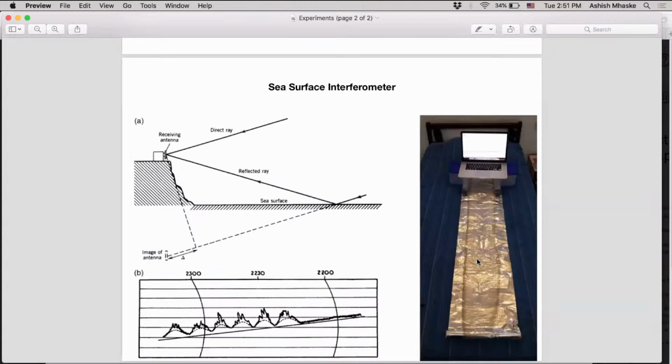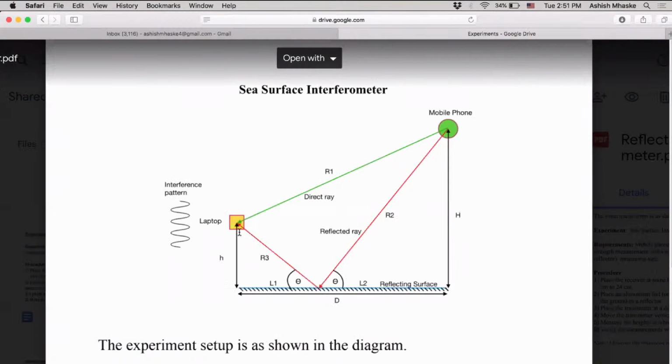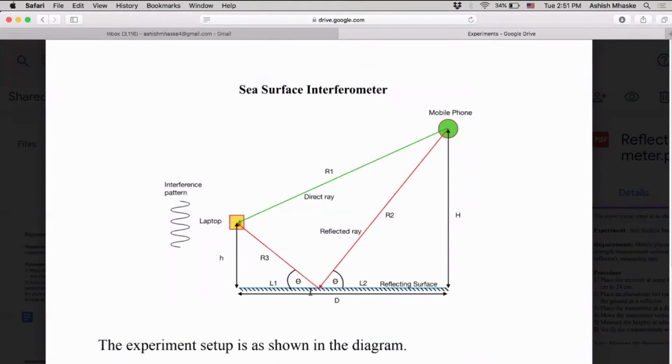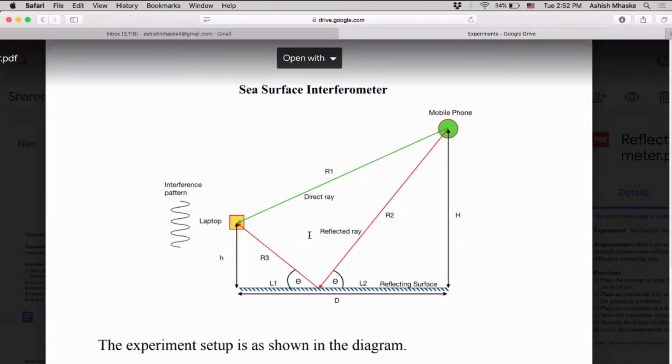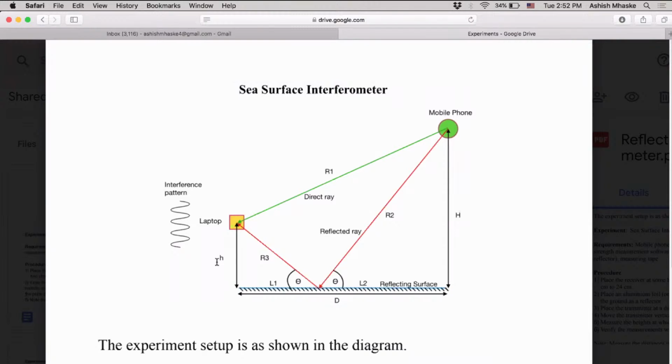And of course, you can try to figure out the expected path difference between these two rays just from the geometry and verify that with your observations.